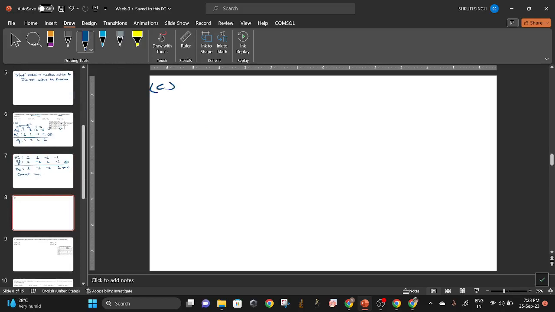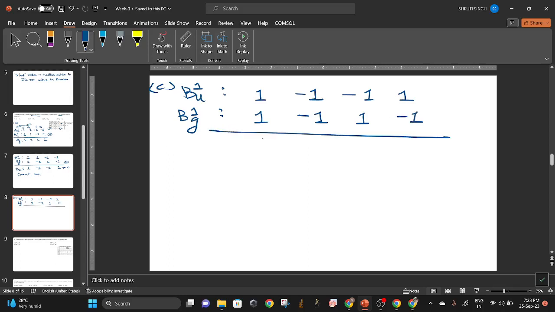So option C is Bu singlet to Bg singlet. Now, do you know the meaning of u and g here? Gerade and ungerade. Yeah, that's fine. So this is u. Now after multiplication, what will we get? 1, 1, -1, -1.